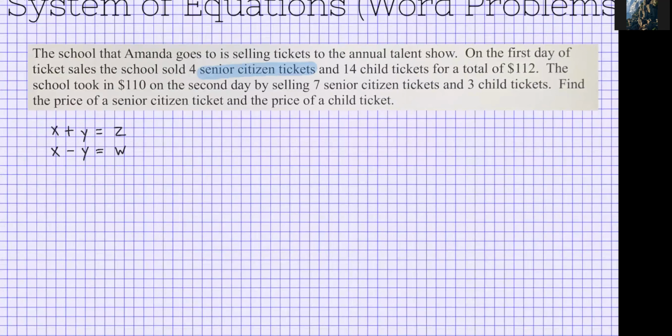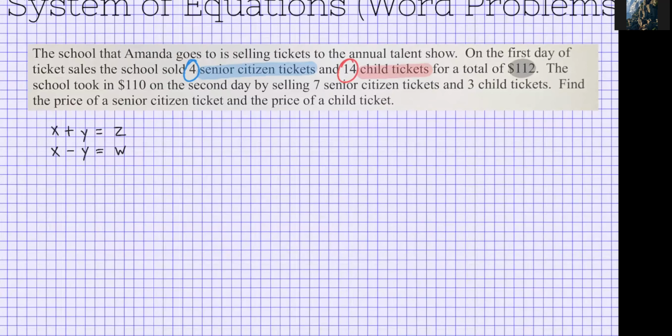And the other one is child tickets. We don't know the prices, and that's what we're trying to find out. What we do know is that the combination of these 4 senior citizen tickets and the 14 child tickets gives us an amount of $112.